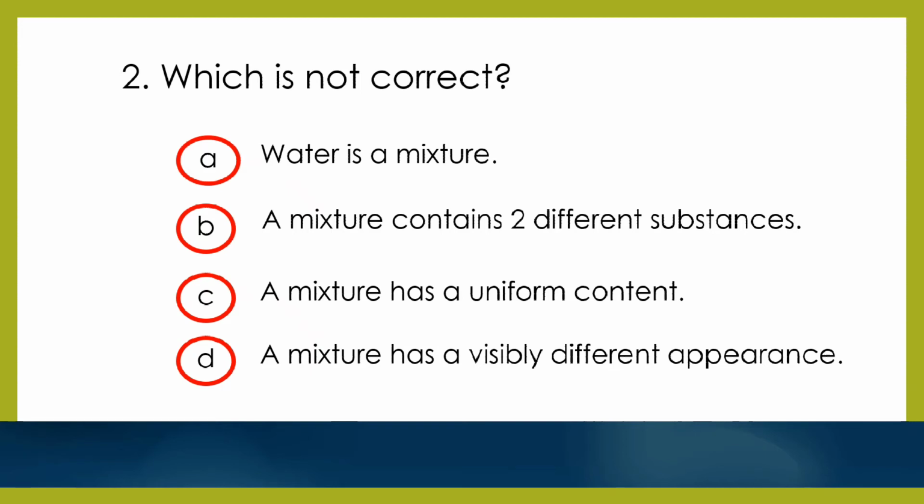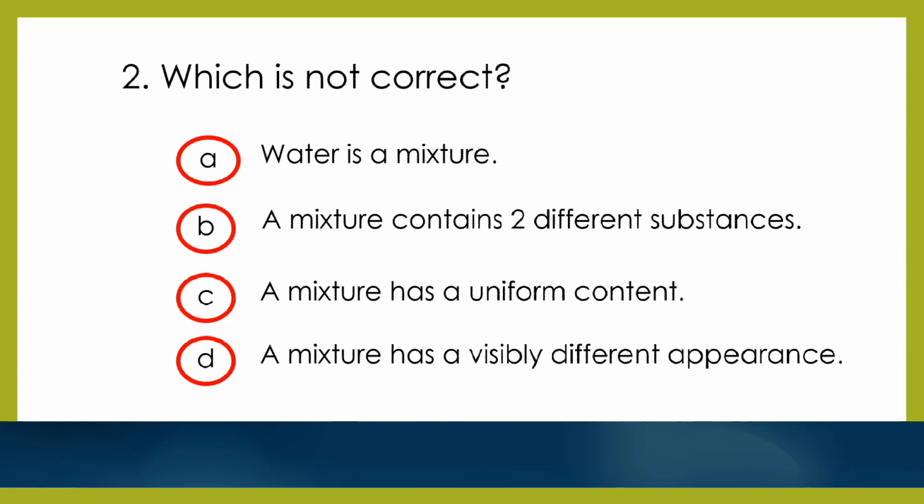Letter A, water is a mixture. Is it correct or not? Letter B, a mixture contains 2 different substances. Letter C, a mixture has a uniform content.